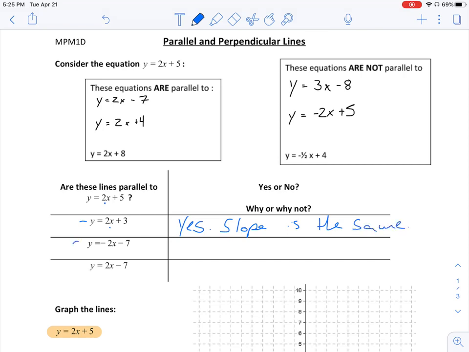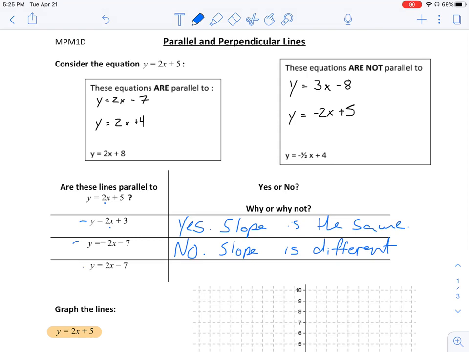Our next one here, y equals negative 2x minus 7. Well, is the slope, negative 2, the exact same as 2? No, it is not. So this is not parallel because the slope is different.